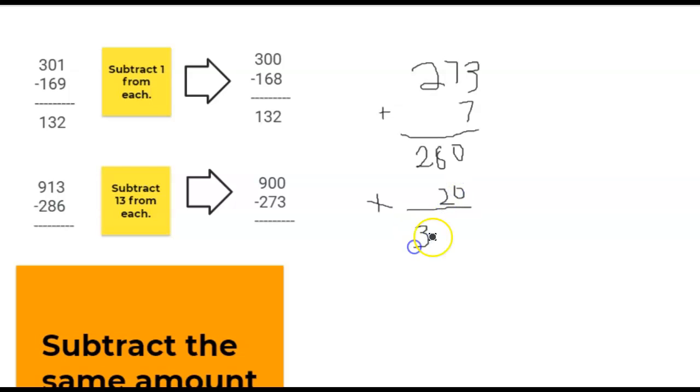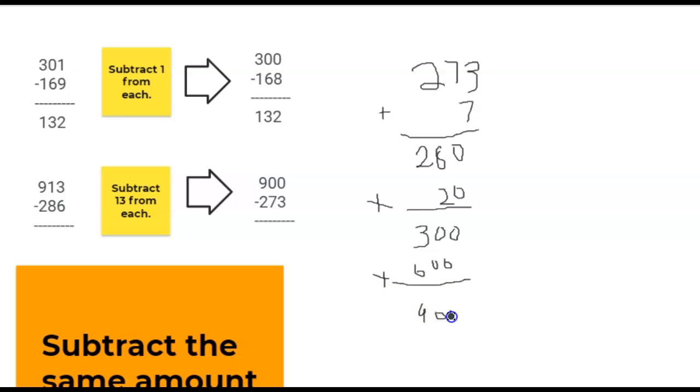And now that we're at 300 and we want to get to 900, if we add 600, we'll be at our goal, because now we're at 900.